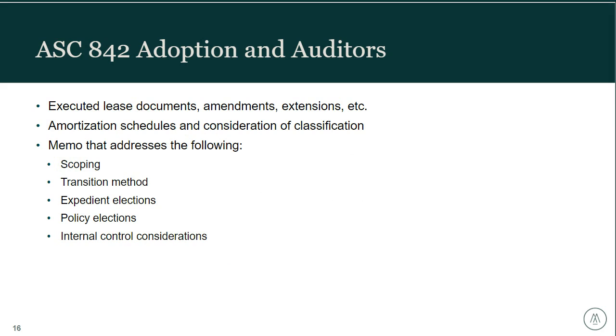And on our end we are working with our clients to get our arms around this, be efficient, effective, etc. But having a project plan, having the documents assembled, having your schedules, having a memo of some form that walks down through the major sections of scoping, transition, expedience, policy, controls, having that to enable conversations with your auditors, and then underneath that having the schedules that bring it together and result in journal entries.